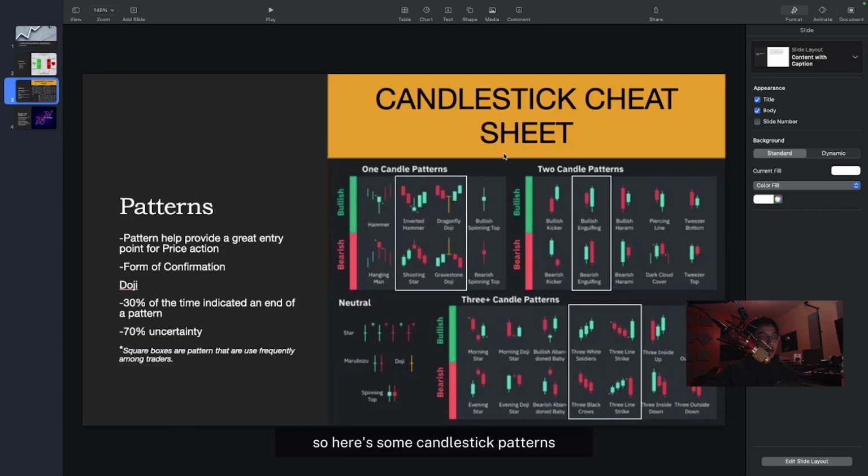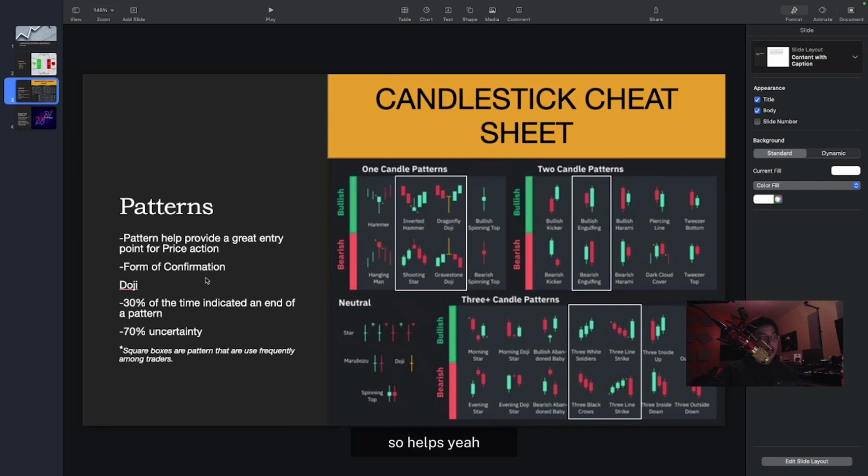So here are some candlestick patterns you guys want to look at. I highlighted the rectangles, which are some of the most common ones that we use. What makes a candlestick important is that it helps form a confirmation of price action.